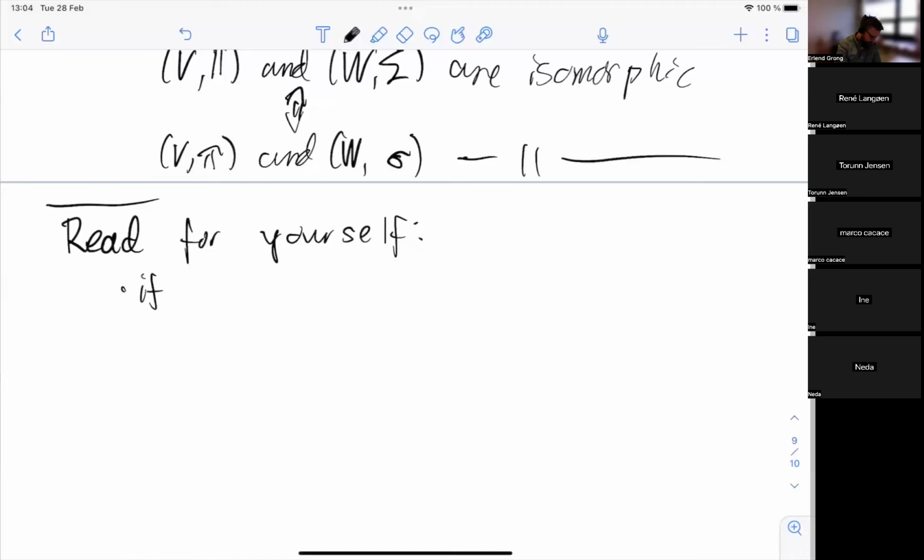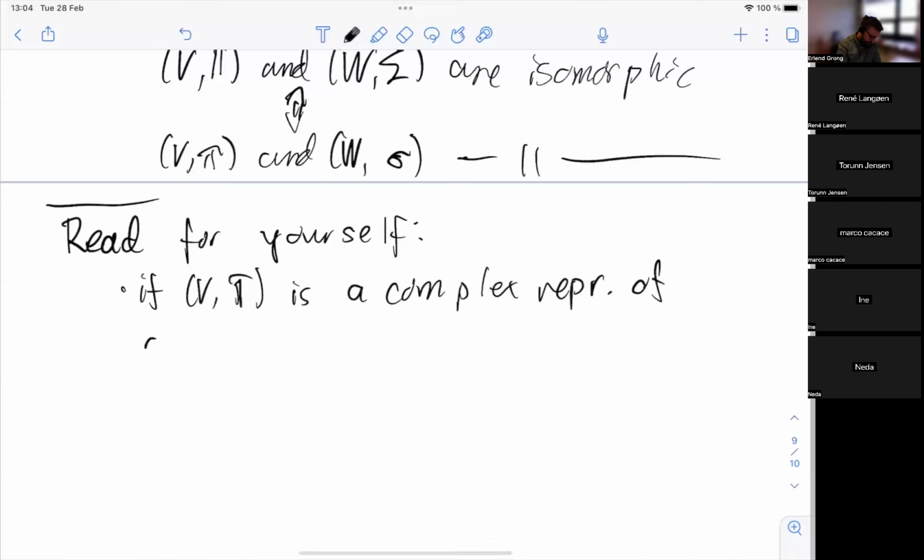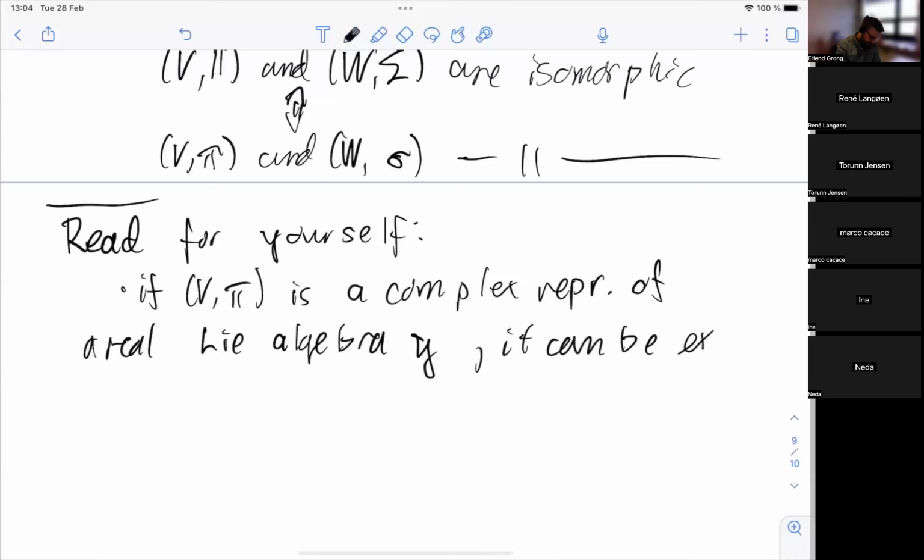If pi is a complex representation of a real Lie algebra, it can be extended to its complexification.